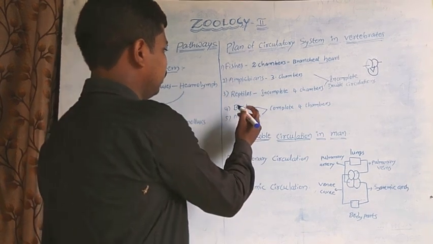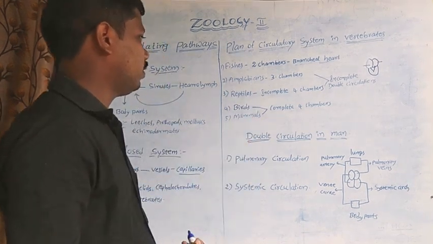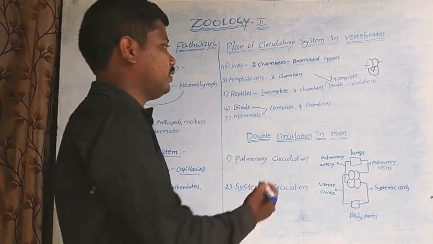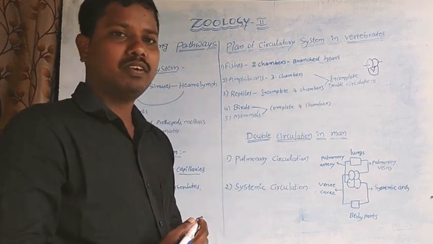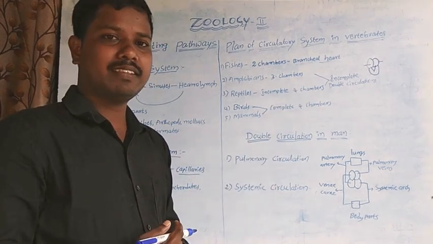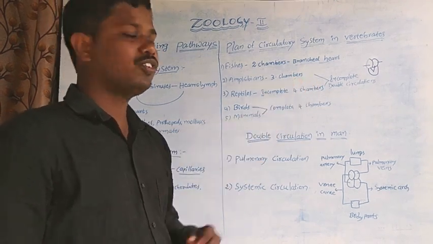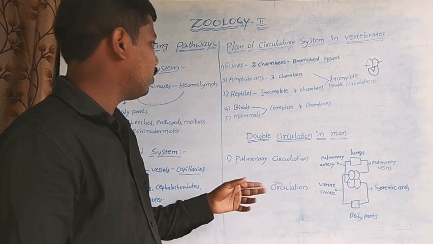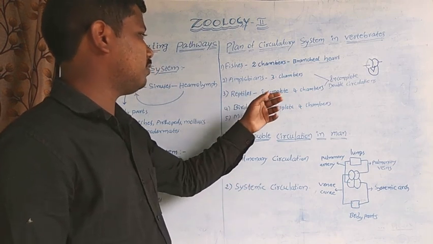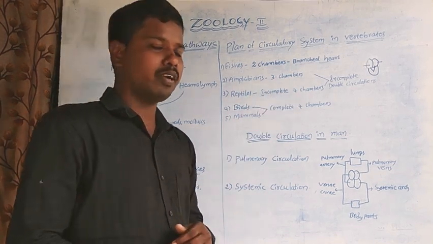Next one, reptiles. Reptiles have an incomplete four-chambered heart, except crocodiles. In crocodiles, a complete four-chambered heart is present. All other reptiles have an incomplete four-chambered heart.